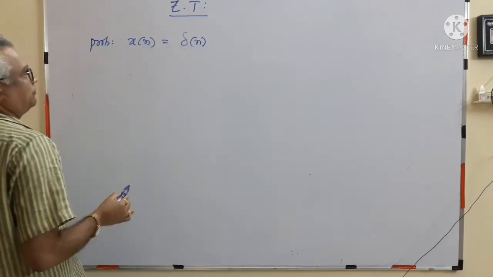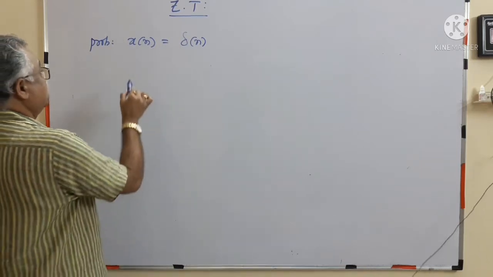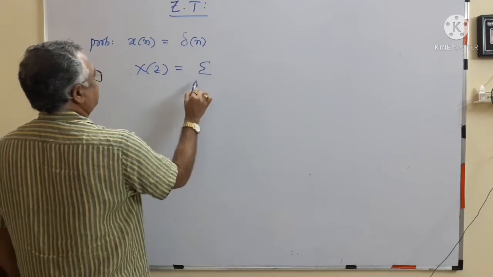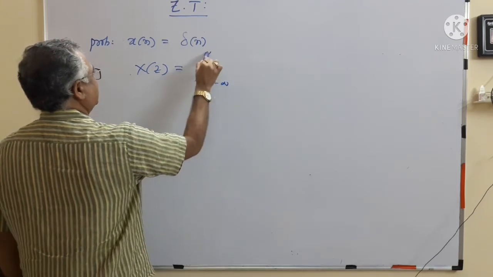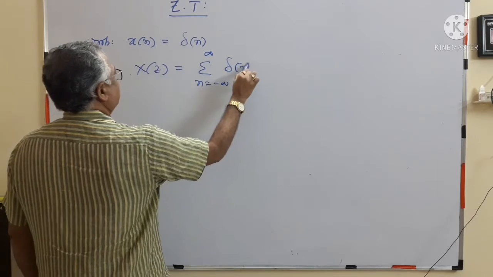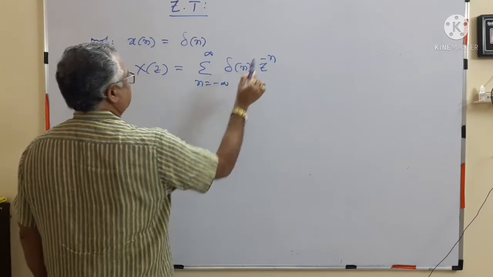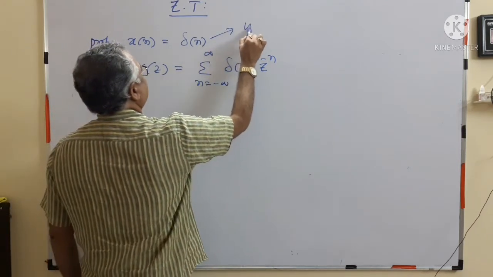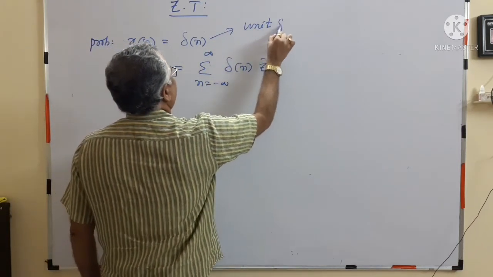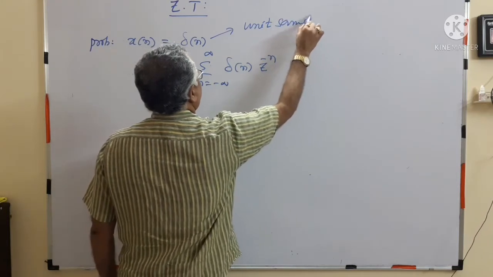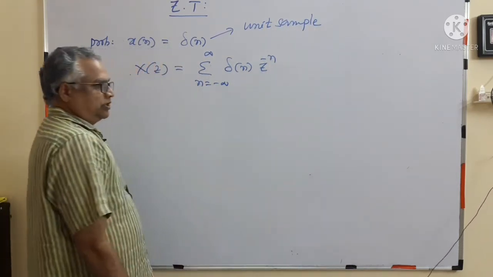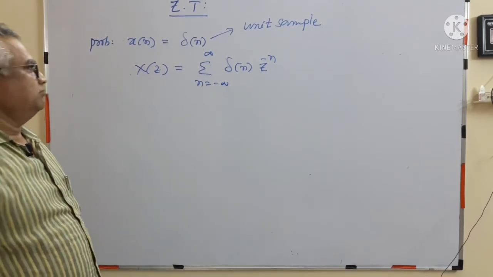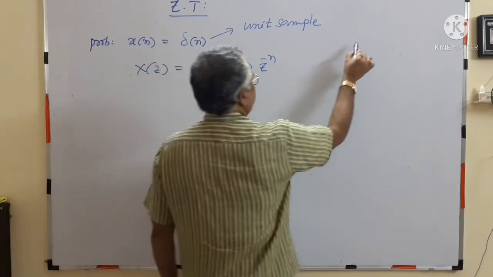X of n is delta of n. So what is X of z? Sigma n equal to minus infinity to infinity delta of n z power minus n. What is this delta of n? It is a unit sample. Delta of t is an impulse; delta of n is a unit sample. So how is it defined?